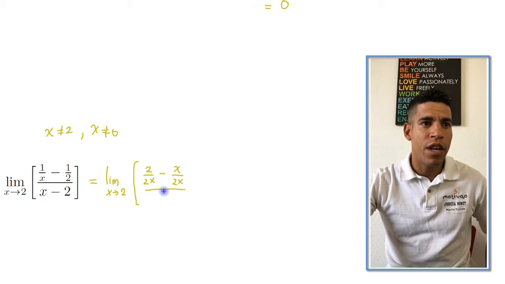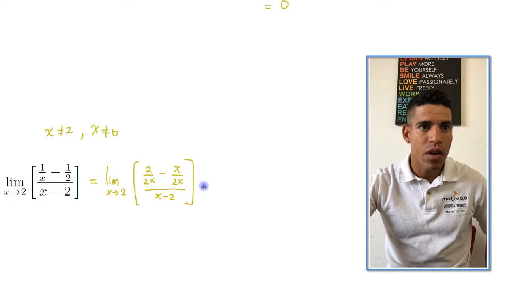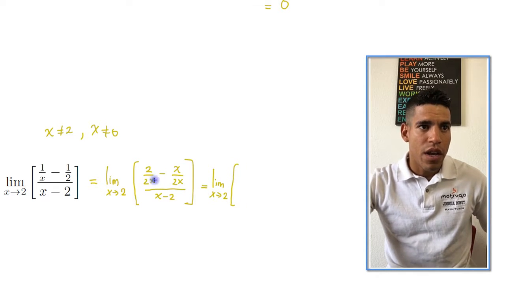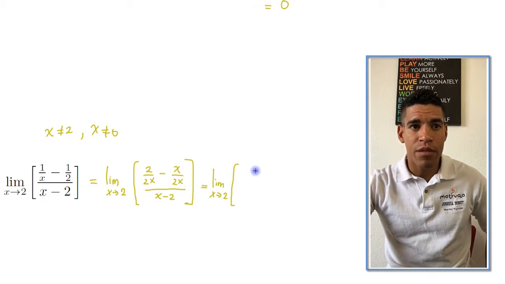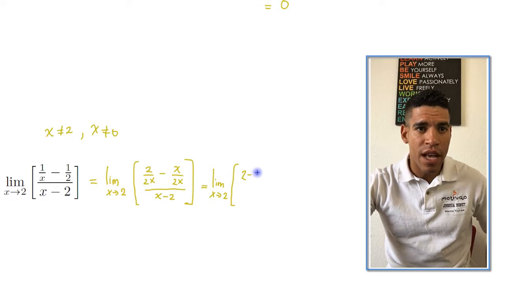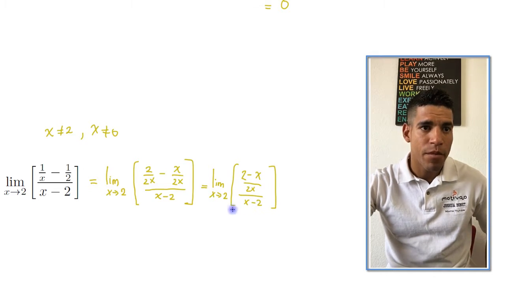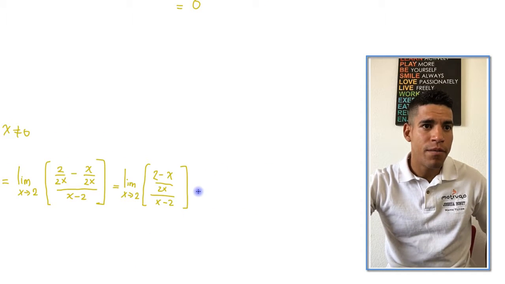Now we continue here, x minus 2. This is equal to the limit when x approaches 2. Now that we have a common denominator, we can subtract these two. So you get 2 minus x over 2x over x minus 2. Okay? Now we keep going.